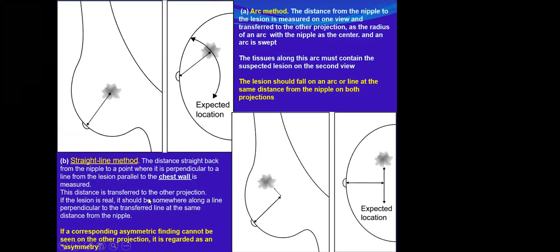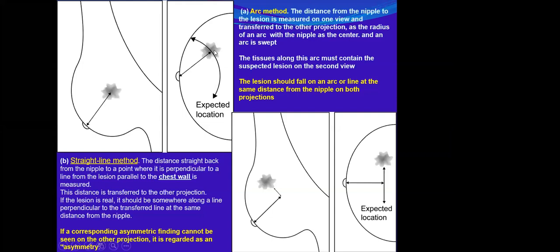They have the same principles. We look for the projection in which the lesion appears. If it appears on the MLO, we draw a line from the nipple to the lesion, and we apply the same line in the other projection.